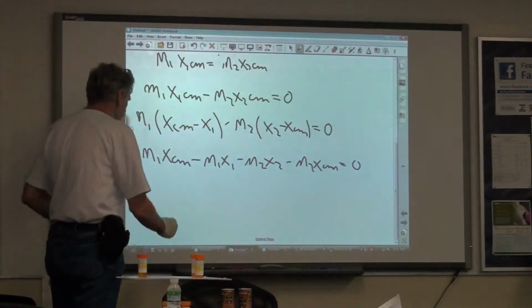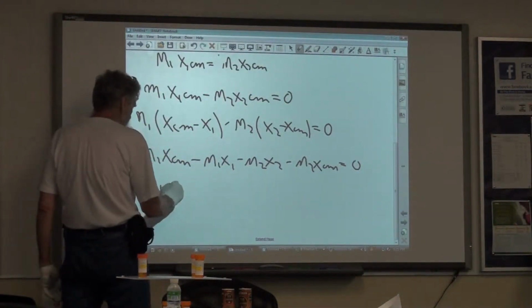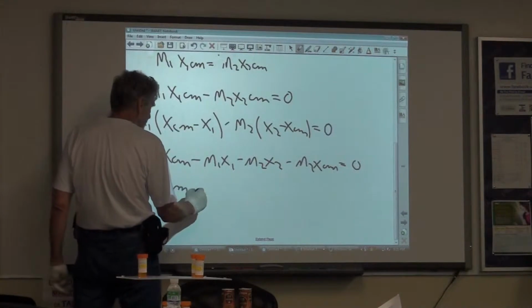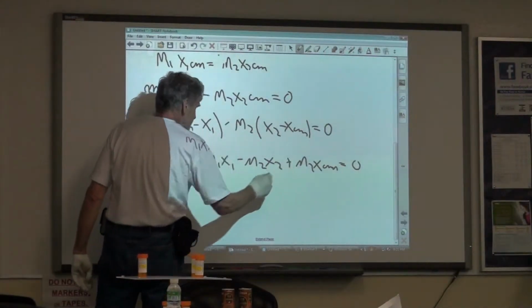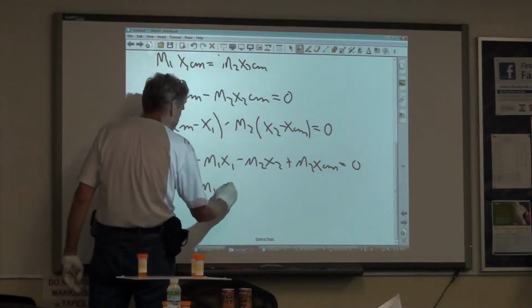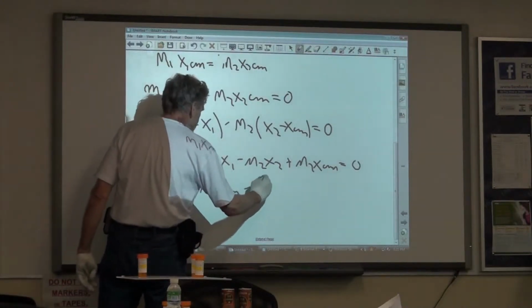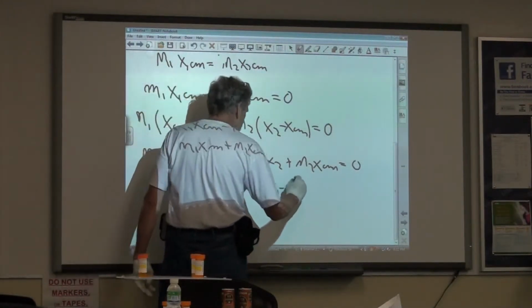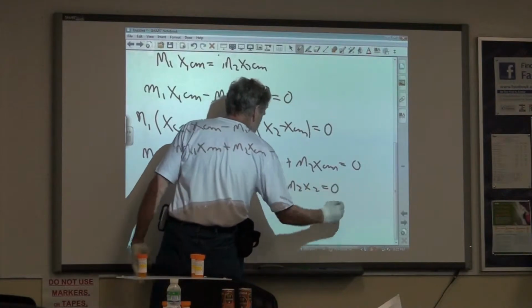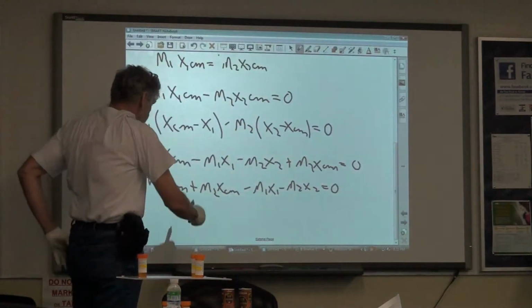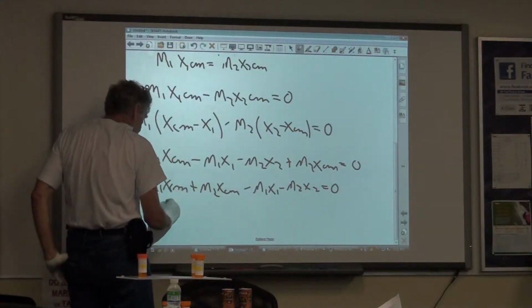Now let's group some terms. m1 xcm, this is a plus sign, two minuses, plus m2 xcm minus m1 x1 minus m2 x2 equals 0. And now let's factor out an xcm, since that's what I'm trying to calculate.